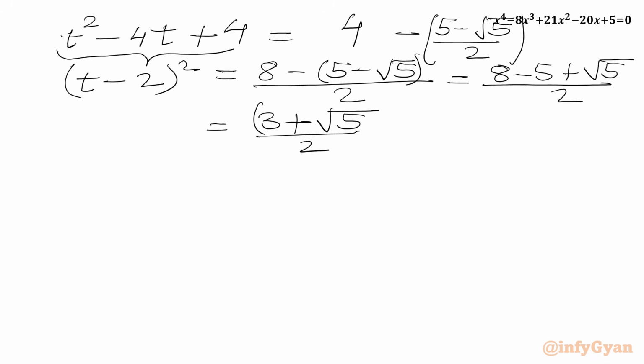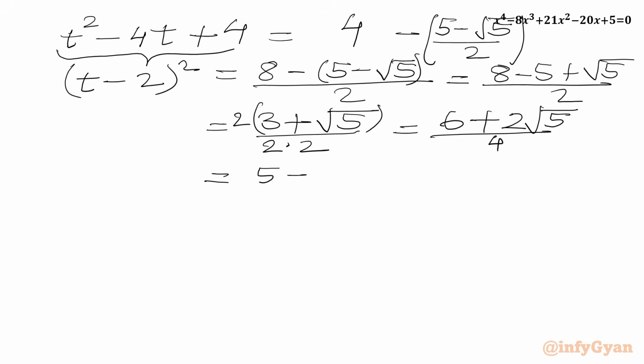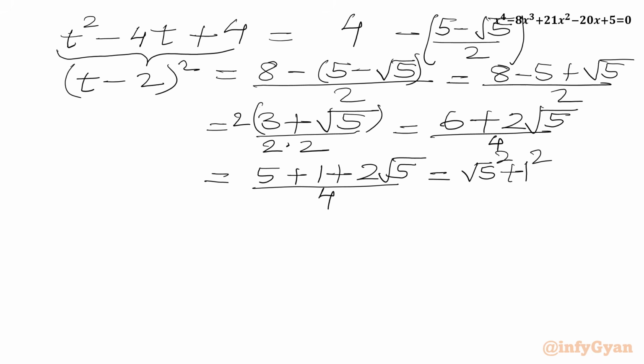We will multiply by 2 in the numerator and denominator. So we can write here (6 plus 2 square root 5) over 4. Now 6 we can write as 5 plus 1, and then we have 2 square root 5 over 4. Now 5 can be written as root 5 whole square, 1 is 1 square, then we will write 2 times root 5 times 1 over 4, which is 2 square.